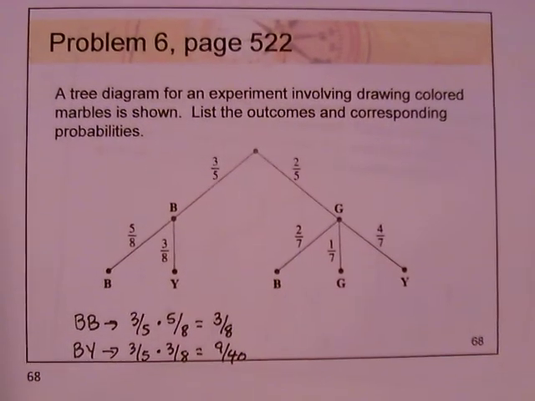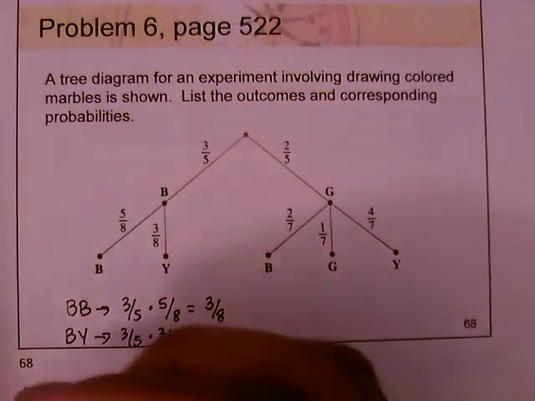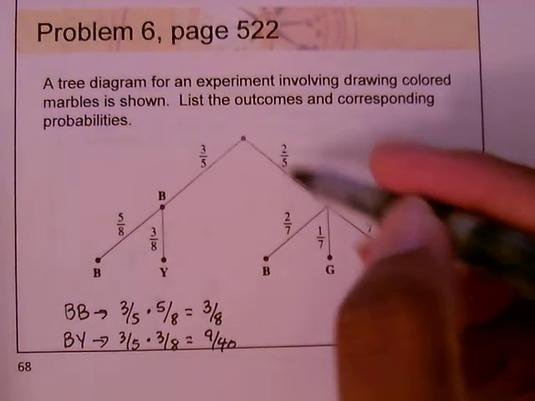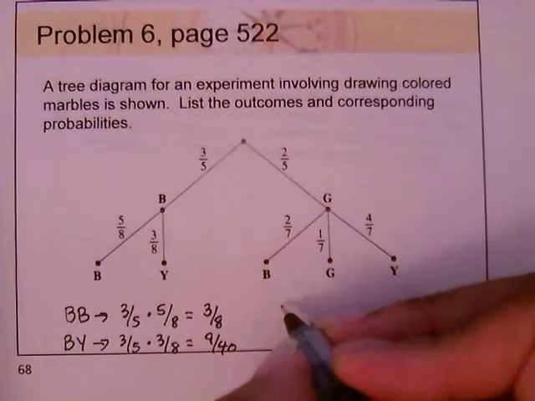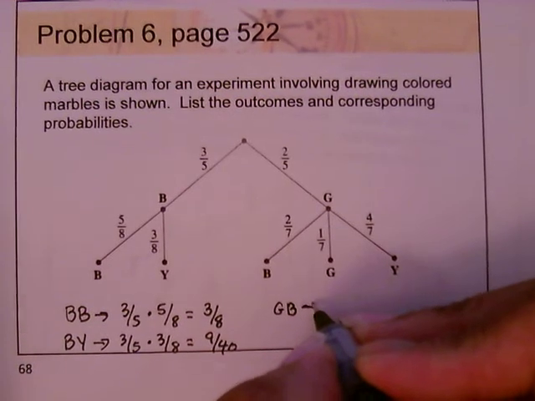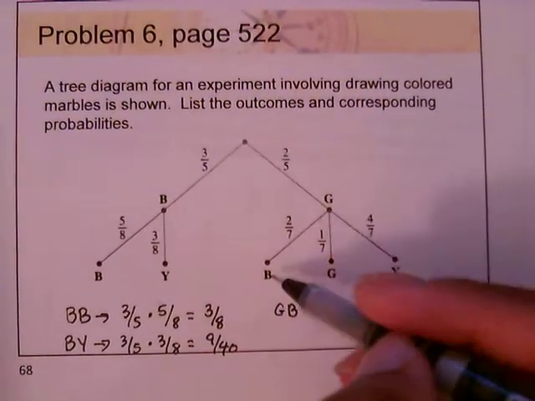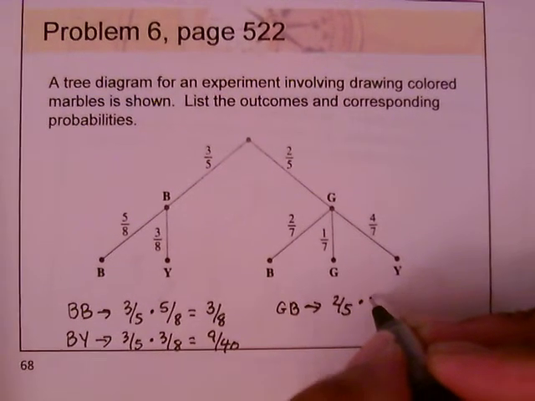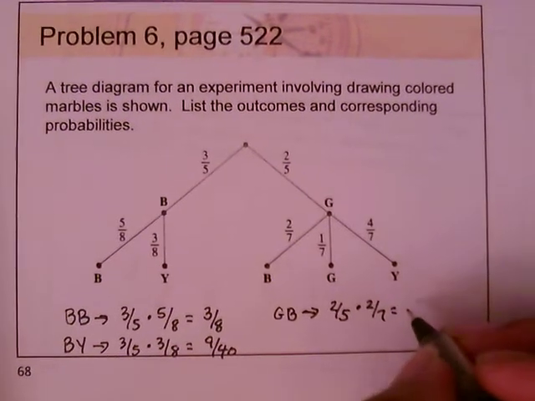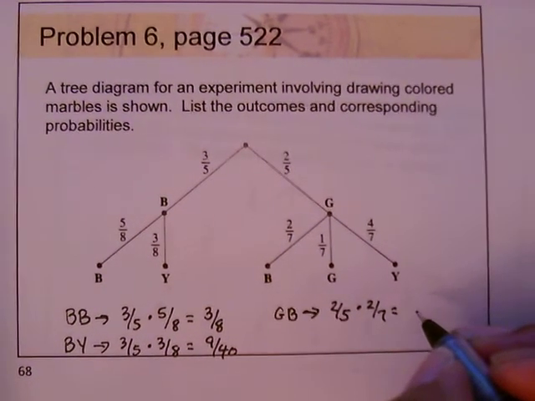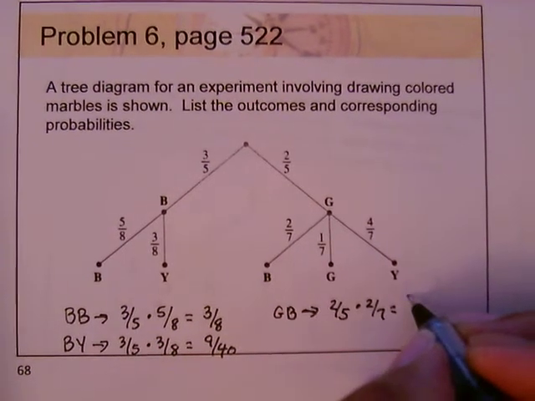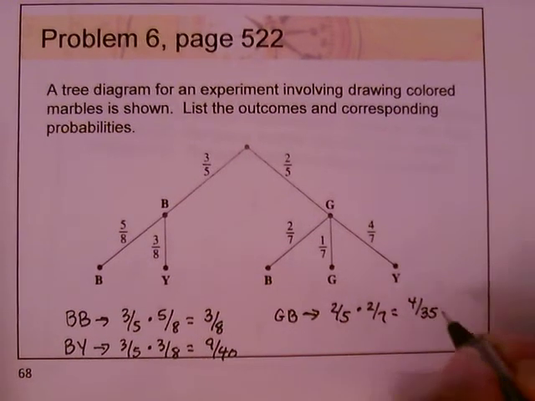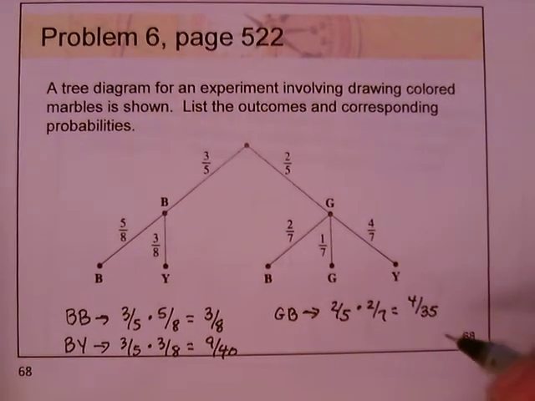And then next we have from here we go to green to blue, G to B. From G to B, 2/5 times 2/7. This will be, in this case, 4/35. 2 times 2 is 4, and 5 times 7 is 35. So it'll be 4/35.